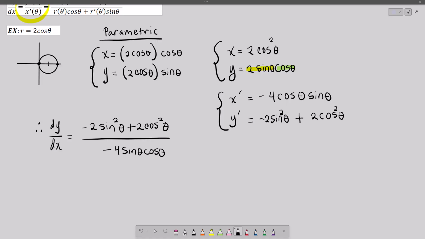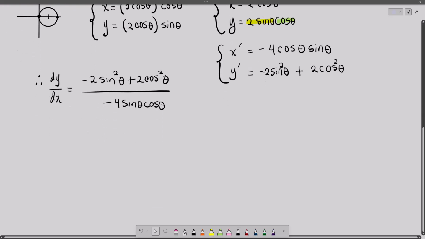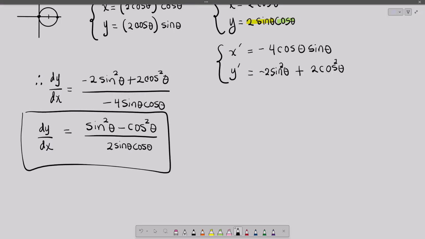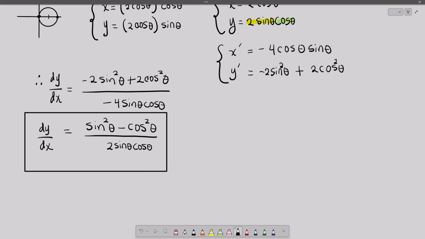So we have that, and we could do one simplification step. We divide out a negative 2. That would look a lot nicer. Okay, so there is our derivative function, a function of theta.